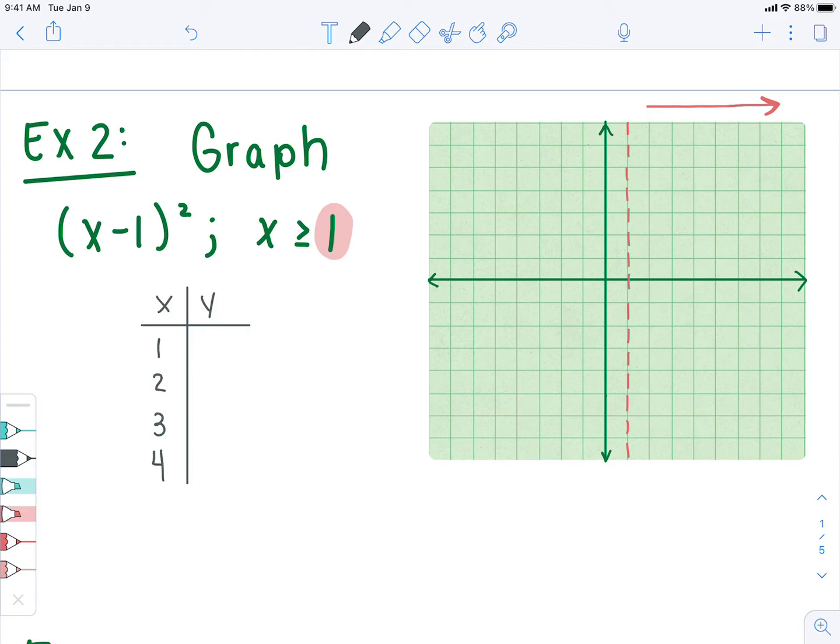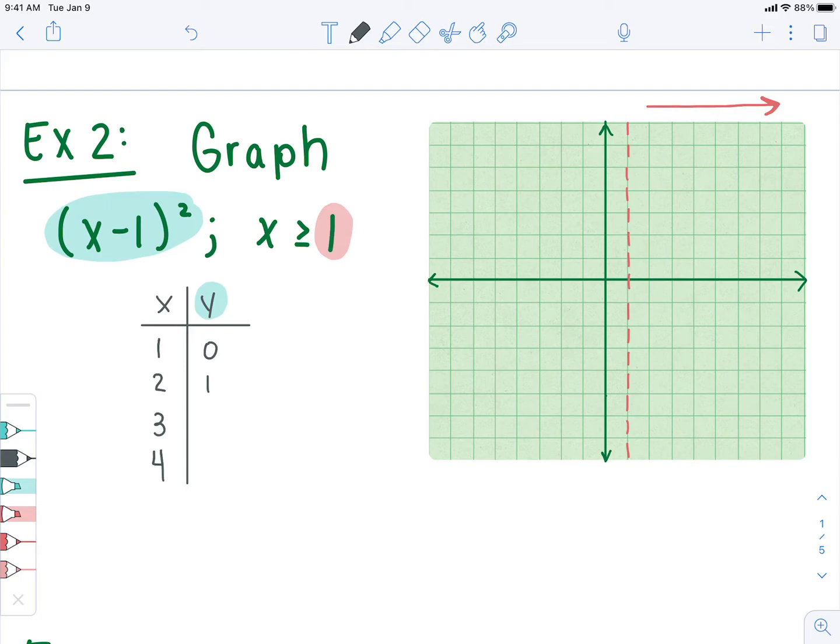And then in order to get my y values, I'm plugging in to x minus 1 squared. So when I plug in 1, I do 1 minus 1 gives me 0. 0 squared, still 0. Then I'm going to plug in 2. 2 minus 1 gives me 1. 1 squared is 1.